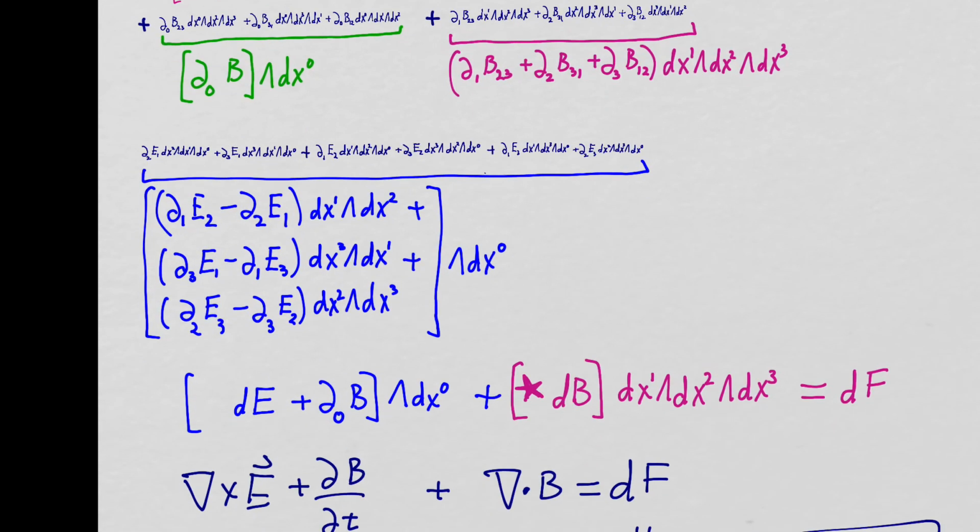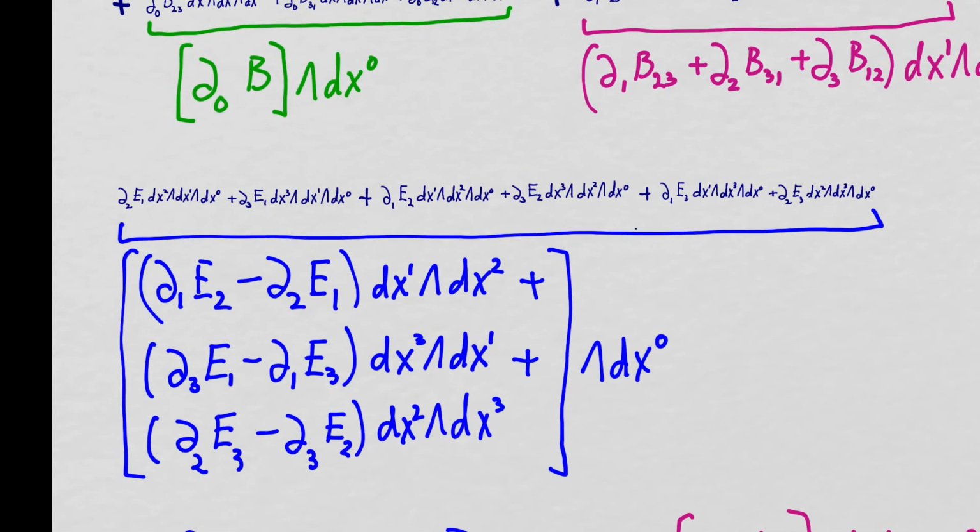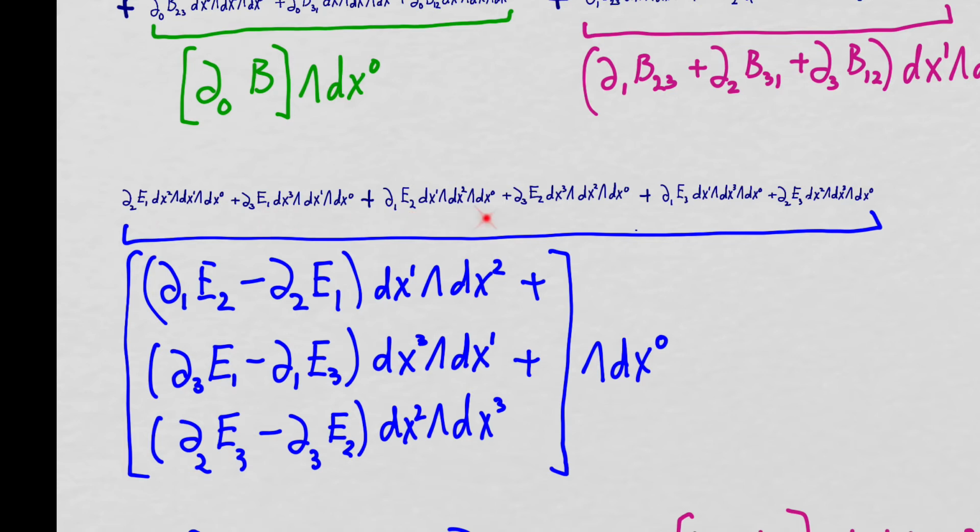When we combine these together, and by reshuffling the order of these various 3 forms, we end up with, again, mixed time and space 3 forms, but we can pull out the time 1 form and leave behind this 2 form, and the coefficients of these 2 forms end up being the curl of the electric field.